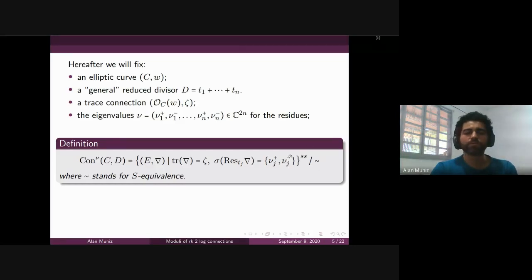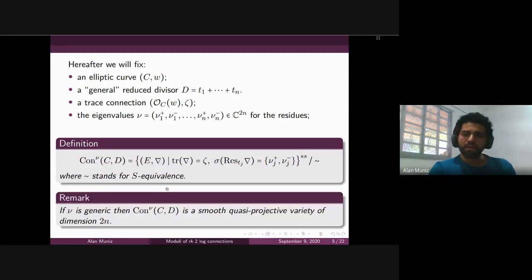Well, I'm not going to enter into detail on how this is formed, but in our case, if these eigenvalues are generic enough, we can see that this moduli space is a smooth quasi-projective variety of dimension 2n.